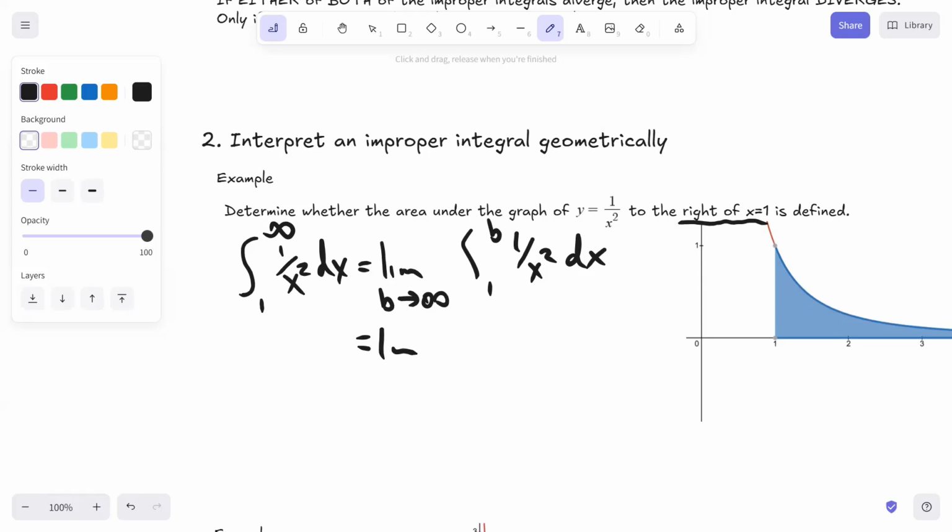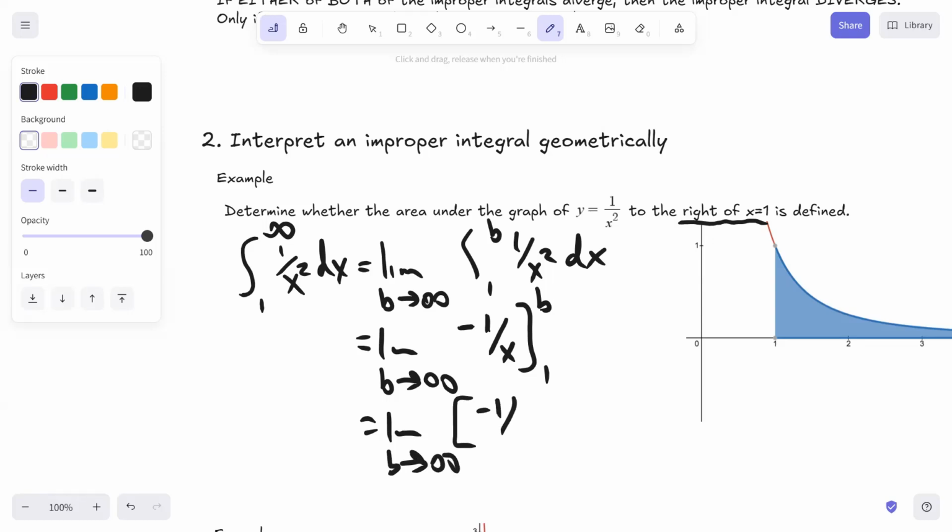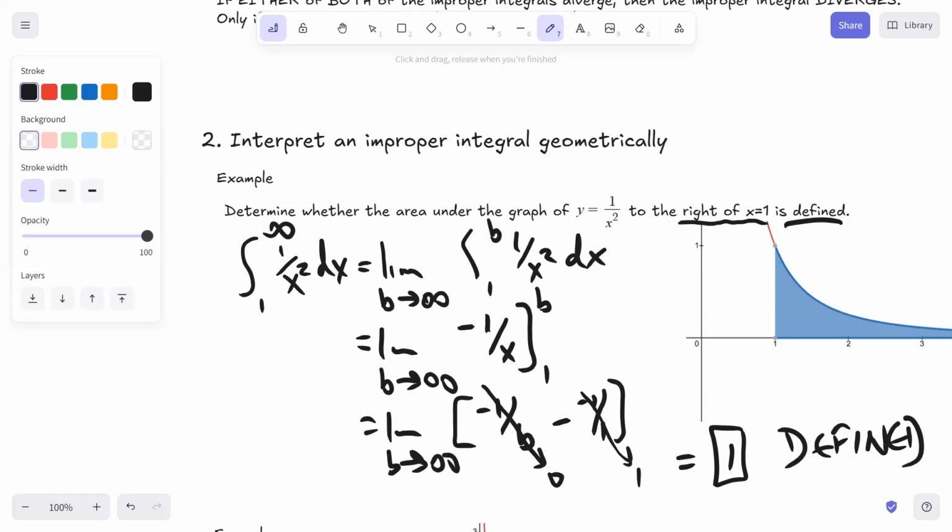This is going to be the limit as b approaches infinity of negative 1 over x, going from 1 to b. So this is the limit as b approaches infinity of negative 1 over b minus negative 1 over 1. As b approaches infinity, this fraction would approach 0, and minus a negative 1 over 1 is going to equal just 1. So we have 1, and therefore it is defined, the area under the curve to the right of x equals 1.